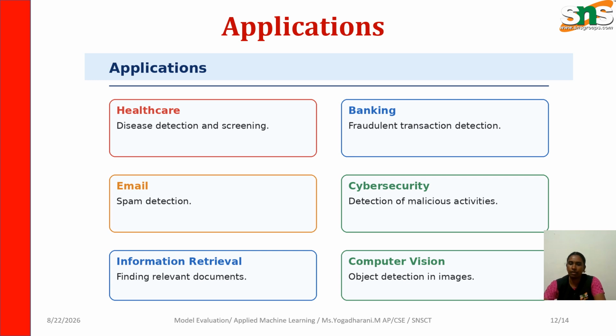And these are the applications: machine learning real-time applications such as healthcare, email spam detection, information retrieval such as finding relevant documents in a directory, in banking fraud and transaction detection, in cyber security, and in computer vision.